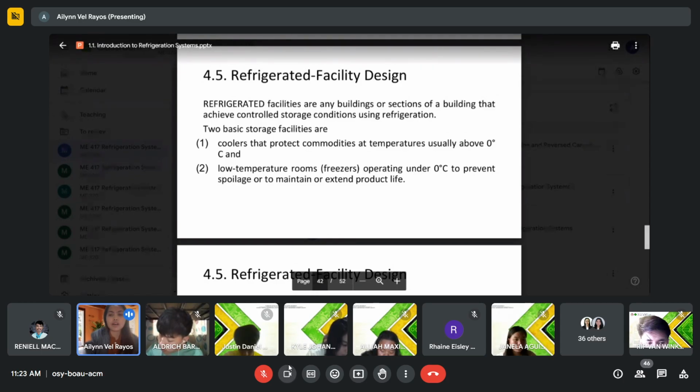Pero yun nga, that will serve as your review in every discussion na meron tayo. So, yan ay nasa student discipline nyo na kung gagawin nyo muna or hindi. Kasi mahirap yung gawin kapag kung kailan ipapasa saka gagawin. So, at least meron tayong enough time at hindi magkakaroon ng problema sa submission.